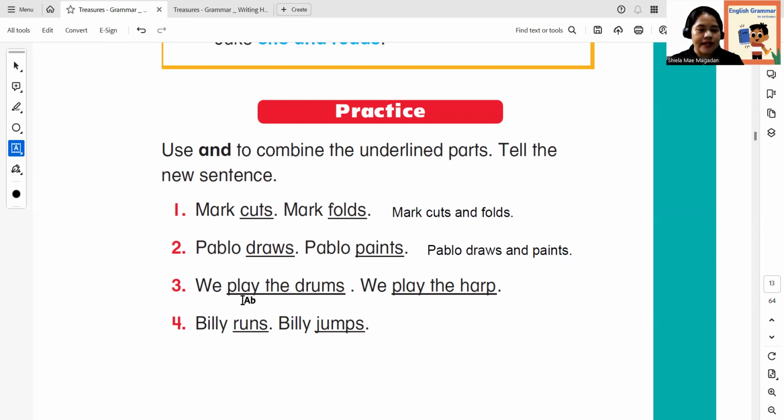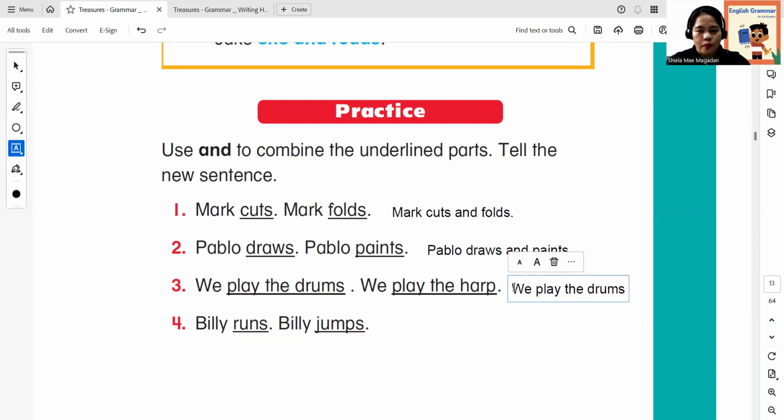Okay, very good. Now, let's proceed to number 3. We play the drums. We play the harp. If you can observe again, we have the same subject, we, another we, but a different predicate. So we have to put here we. What are they doing? Play. The what?